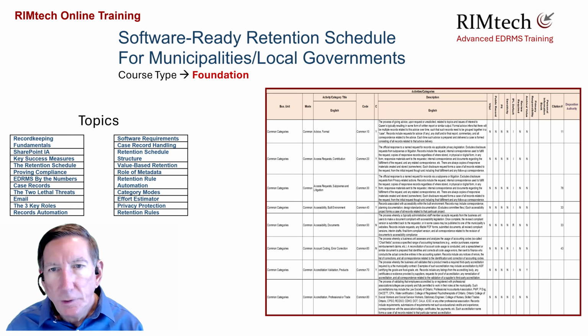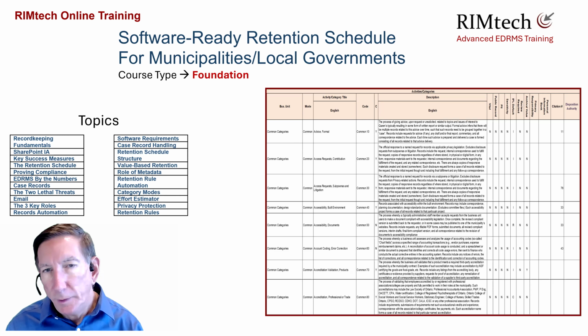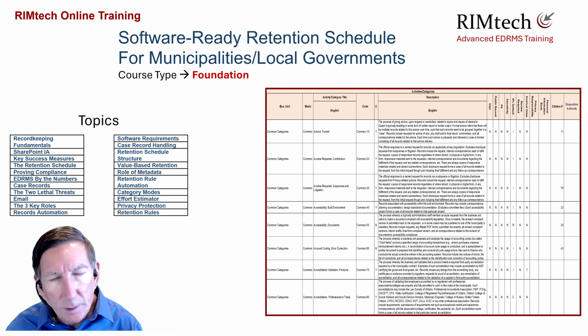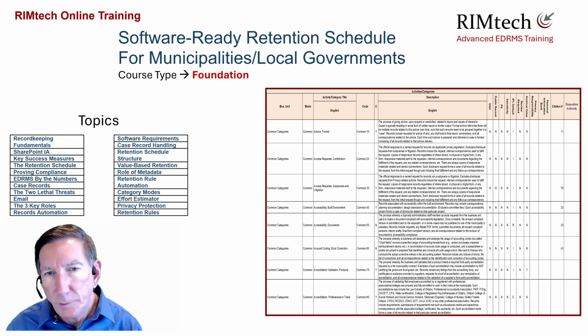So because it's a foundation course, we divide it into 2 halves, the morning and the afternoon. In the morning, we cover all the fundamentals of EDRMS, and that means the numbers, which is how do you prove that the system is successful mathematically and definitively? So we cover that. We look at all the fundamental terms, concepts, and methods of an EDRMS.